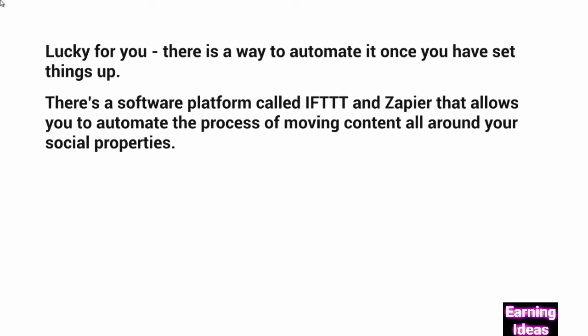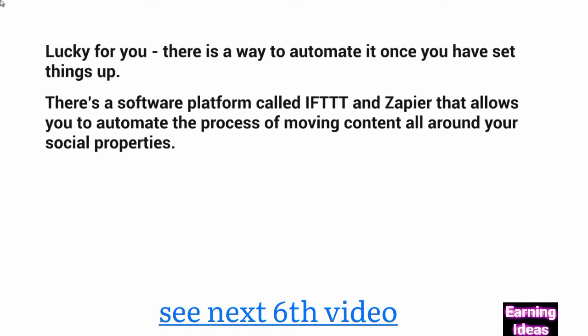So you have essentially what we call triggers, that whenever the trigger happens, then something else happens. What IFTTT stands for is if this, then that. So if this happens, then do that.